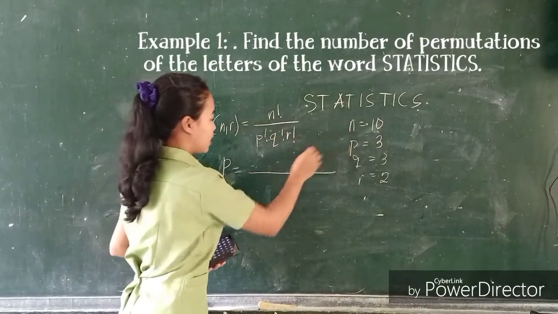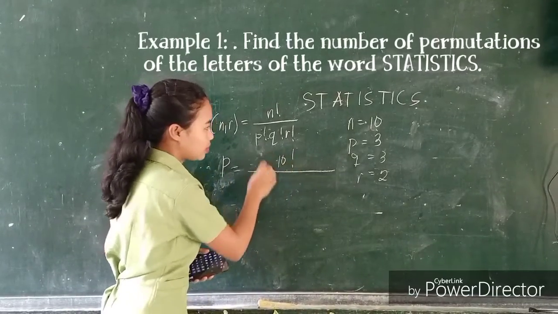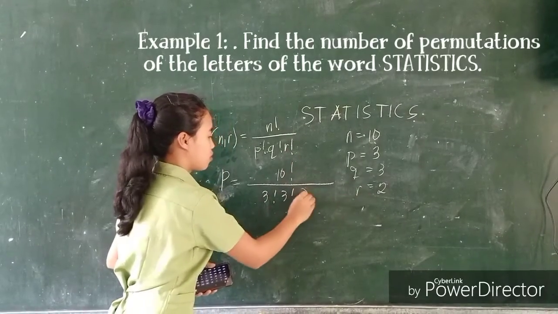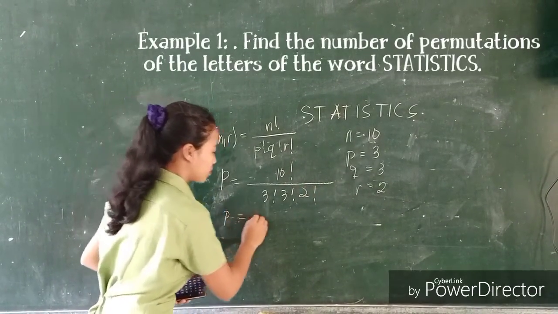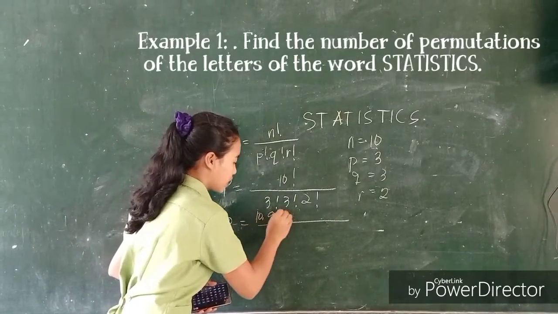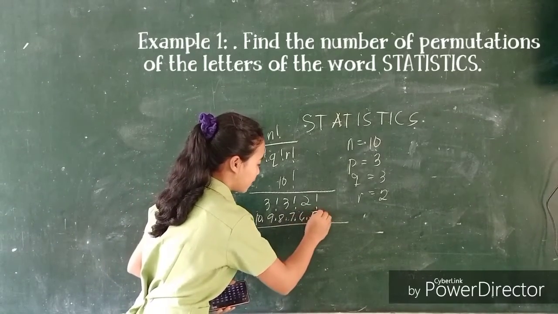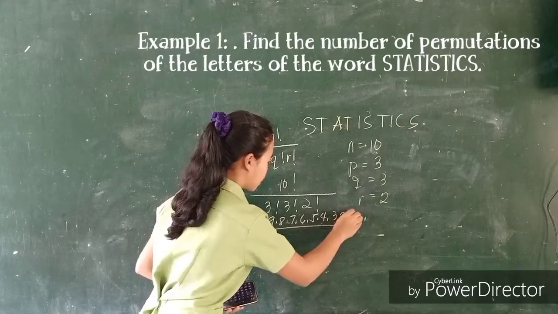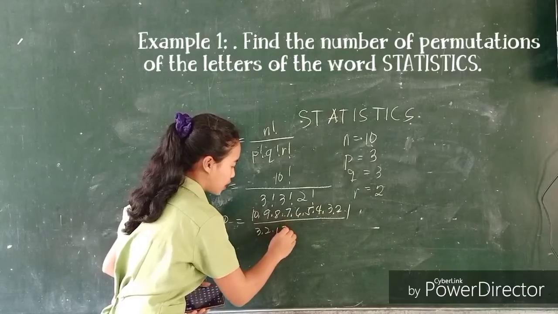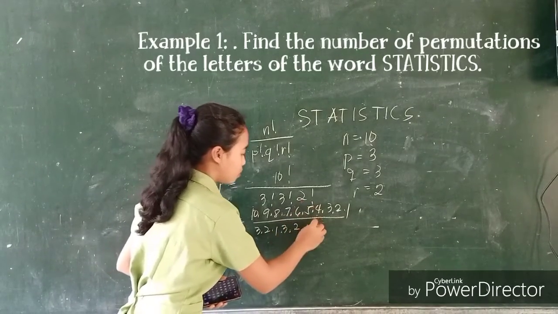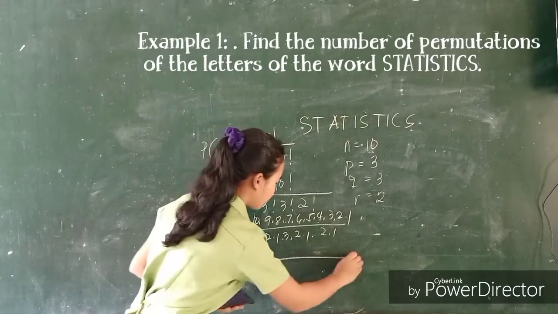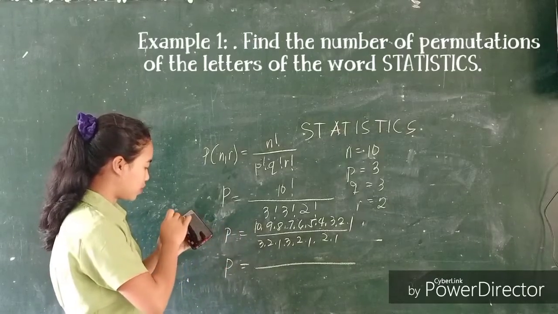Okay, so permutation is equal to, so let's now substitute the value to our formula. So n, our n is 10. So 10 factorial. Our p is 3, q is 3, and our r is 2. So let's see. So 10 factorial is equal to 10 times 9, 8 times 7 times 6 times 5 times 4 times 3 times 2 times 1. So 3 factorial is 3 times 2 times 1. 3 factorial, 3 times 2 times 1. And 2 is 2 times 1. So, let's multiply.